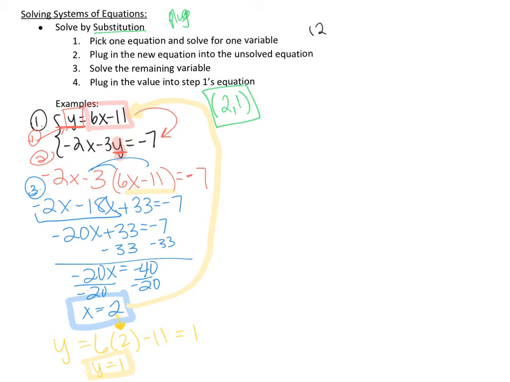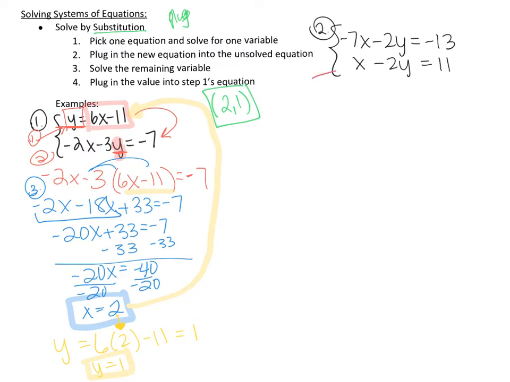So our second system is going to be negative 7x minus 2y equals negative 13, and then we have x minus 2y equals 11. All right, so there's our system. First step, again, we want to pick an equation and solve for a variable.